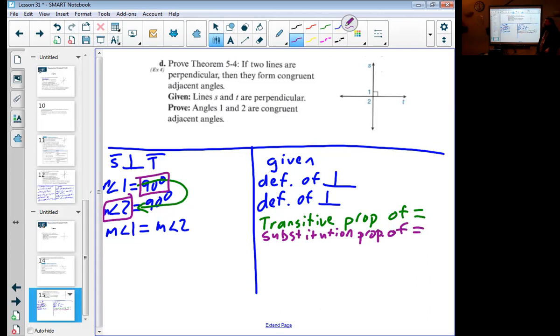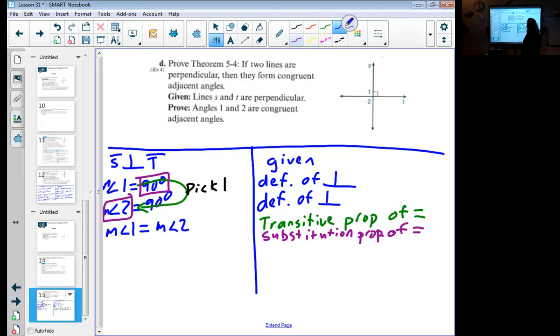Both of them are equally right. The transitive property is a specific case of the substitution property. So it really doesn't matter which one of these you use, you just need to pick one. You don't need both of these because it is the exact same thing. I would argue that the transitive property is more correct because it is specifically using that, but once again, the transitive property is a use of the substitution property. So it's really up to you which one you want to use.